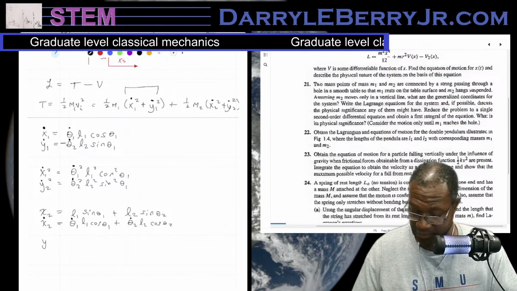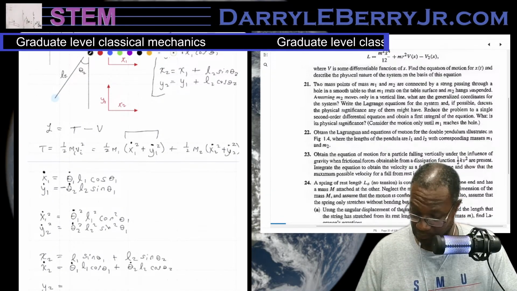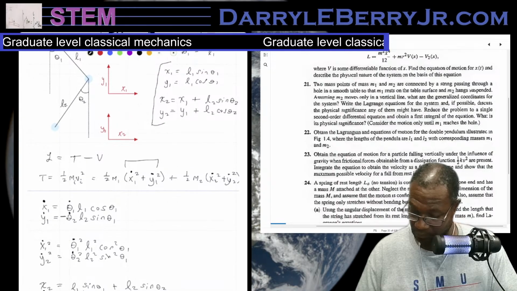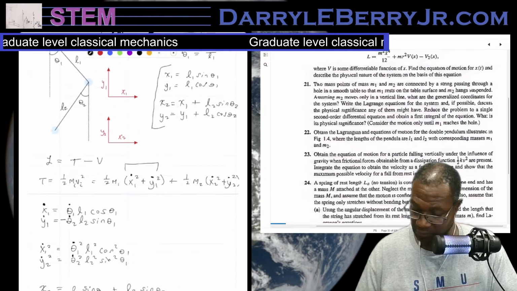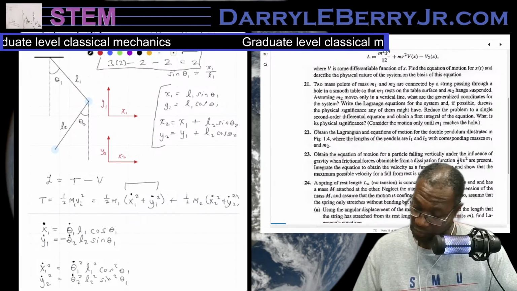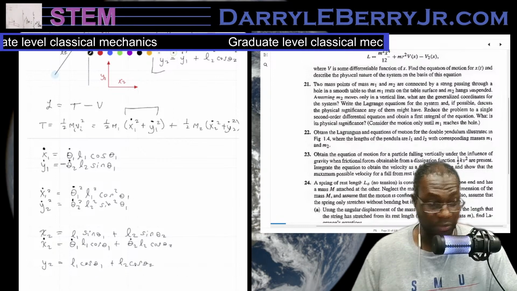And y2 equals L1 cosine theta 1 plus L2 cosine theta 2.